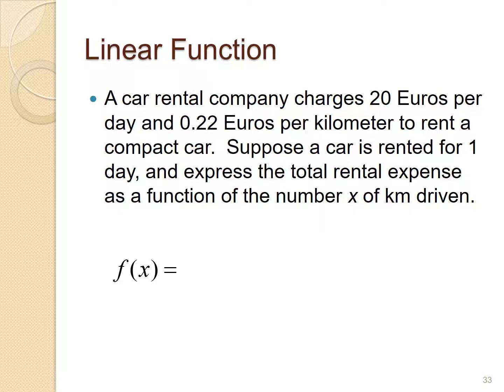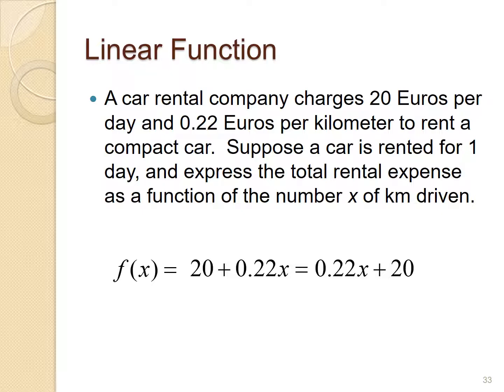Since we're only doing it for 1 day, the cost is going to be 20 euros, plus how far you drive it. We don't know how far we're going to drive it, so we just let that be x. So again, it's 20 euros for that first day, and we're going to add to it 0.22 times the number of kilometers that we drive. Let that be x, and it becomes 0.22x.